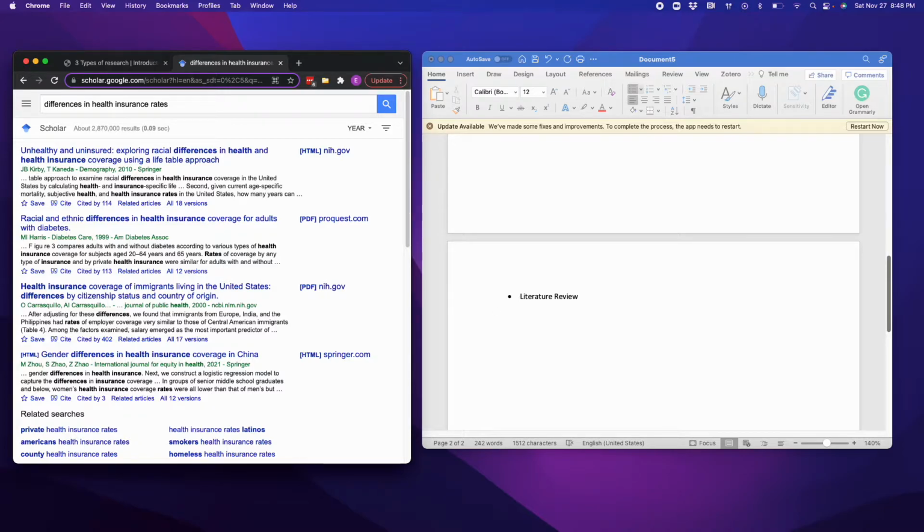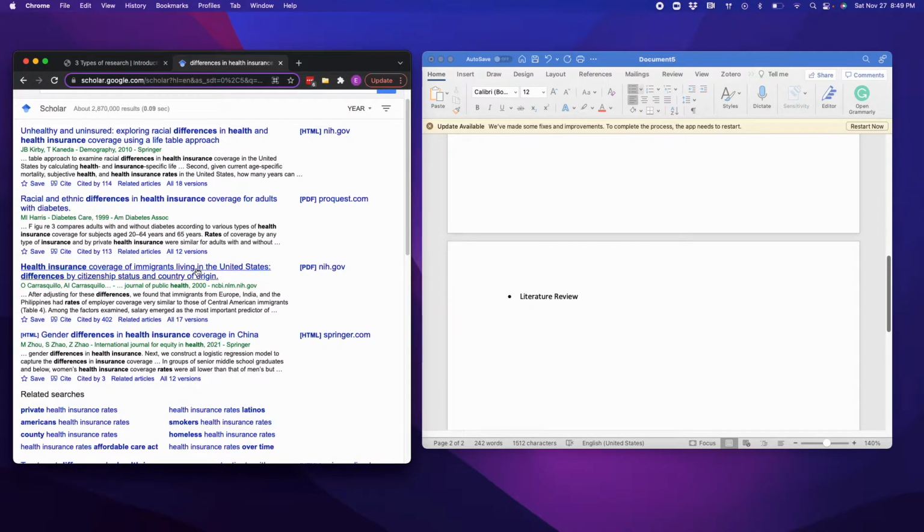I have to look through this to suss out the papers that I actually want. There's a few about racial differences in health insurance, by citizenship. All of that might be really good information. Understanding it's not directly what I'm studying, the differences at the county level, but I could build out of that.